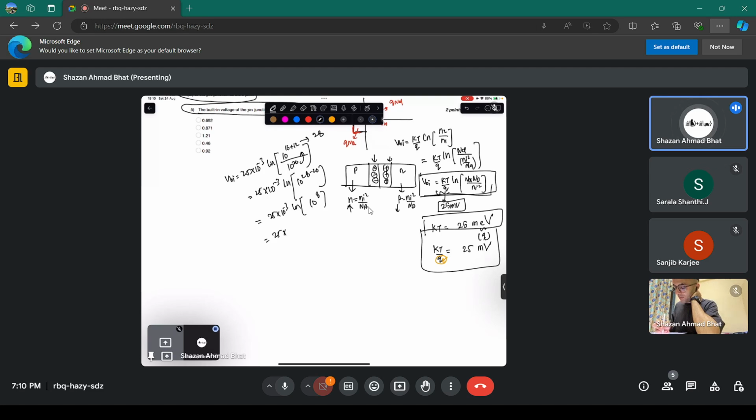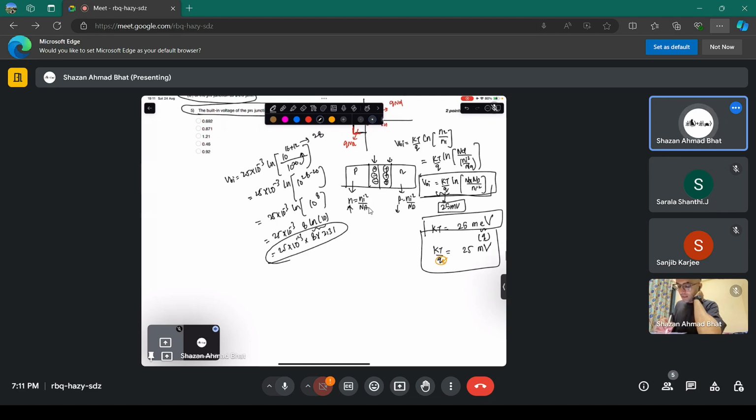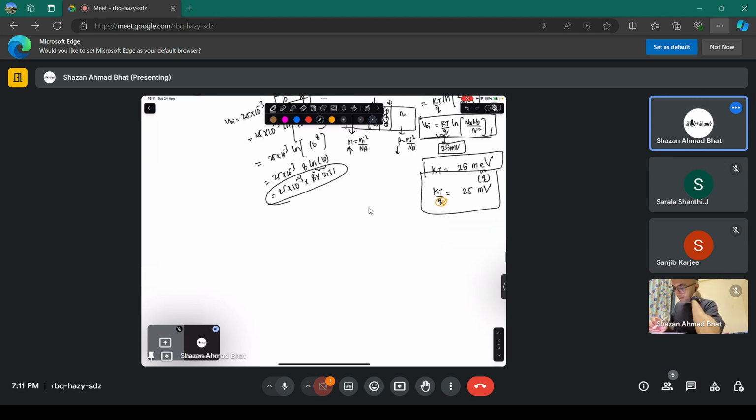So you can write it as 25 into 10 to the power minus 3, 8 ln of 10. So this is 2.31 into 8, 25 into 10 to the power minus 3. You solve this, you get 0.46 as the answer. Let's roughly solve it. How much is 25 into 8?